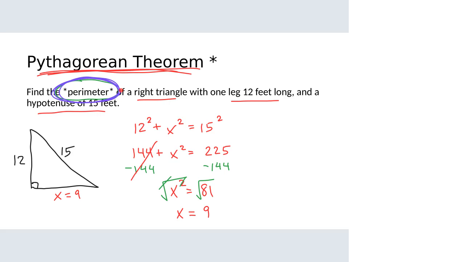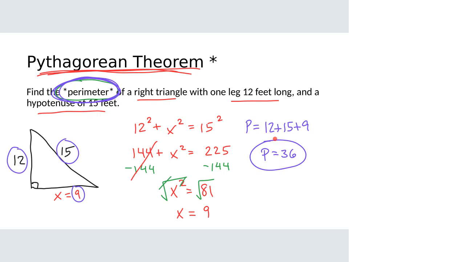To find the perimeter of the triangle, I need to add up those three side lengths. The perimeter here is going to be the 12 that I started with, the 15 that I started with, plus the 9 that I just found. And I'll add all three of those together and have 12 plus 15 plus 9. My perimeter, which is what I was asked for, is 36.